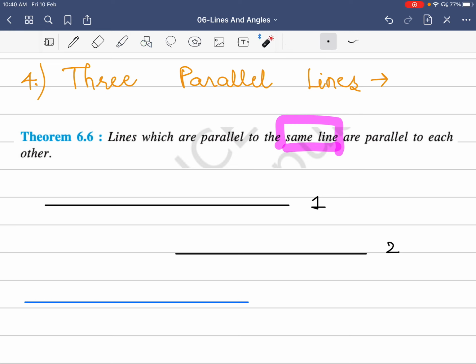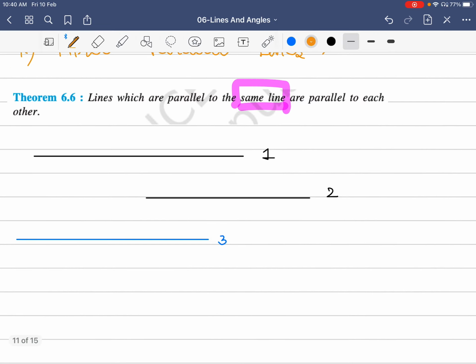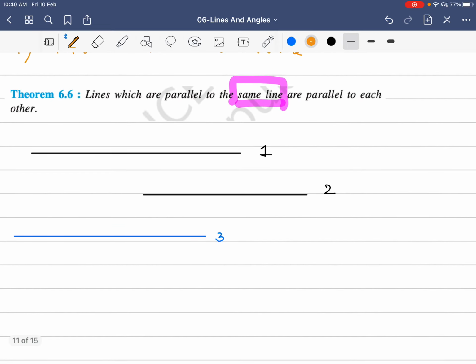Let's name it line number 3. So if line 1 is parallel to line 3 and line 2 is also parallel to line 3.